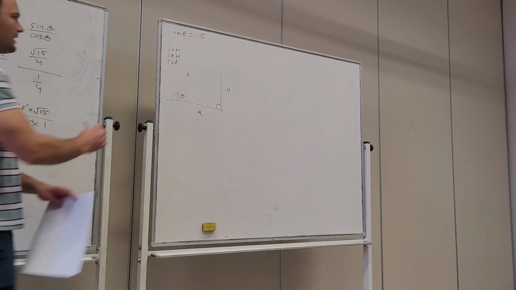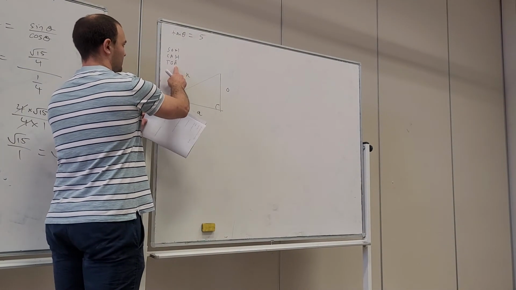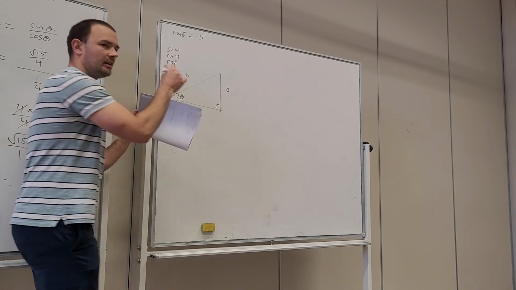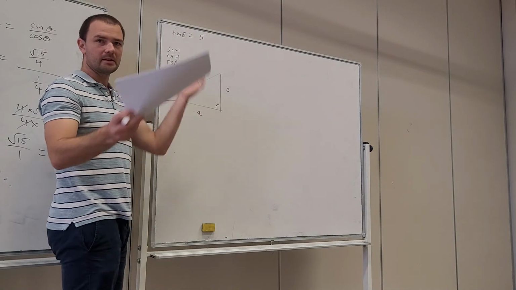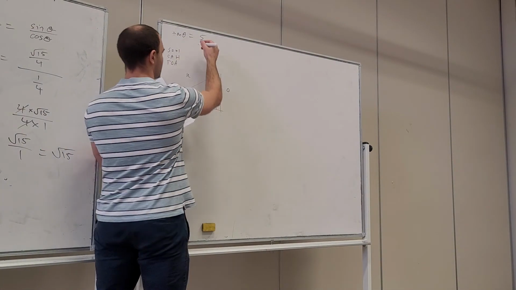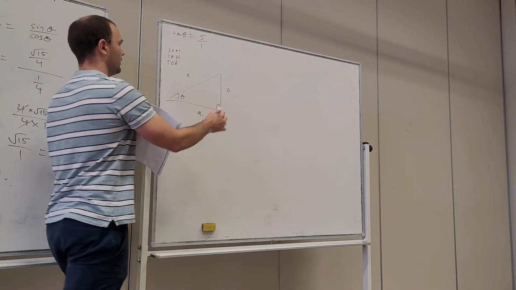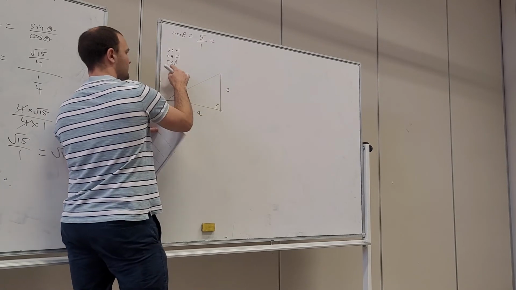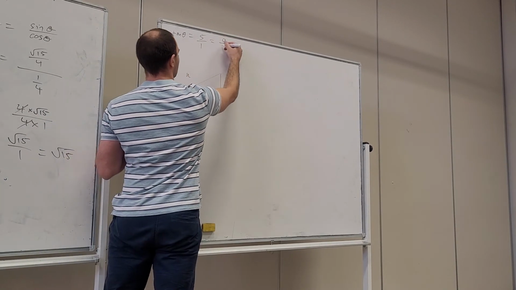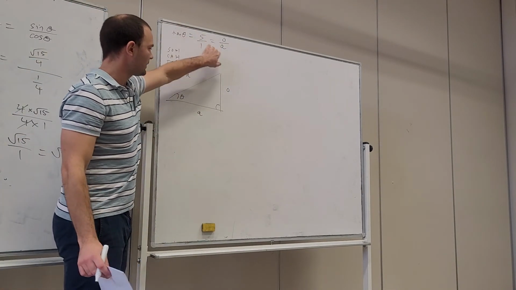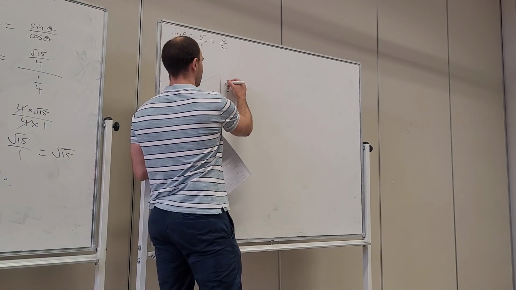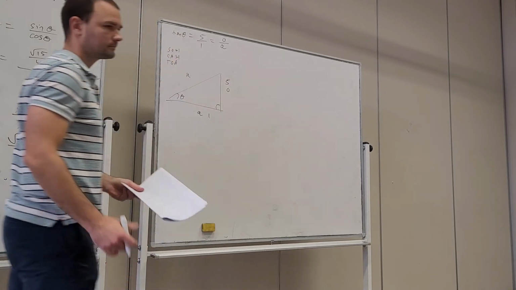Now tan is O on A, right? And you might be thinking, hang on, we don't actually have a fraction there, we've only got 5. Now, any number by itself is always a fraction. It's always itself on top of 1. So then tan is O on A. So O corresponds with 5 and A corresponds with 1. So we've got 5 here and 1 here.